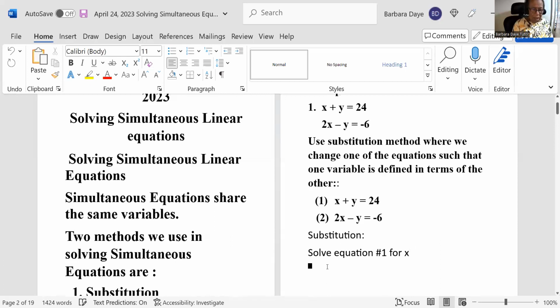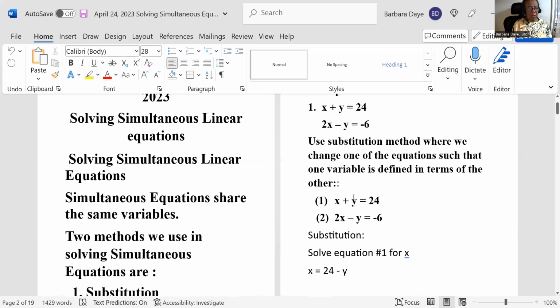So that becomes x equal 24 minus y. Mercedes, do you follow me when I say solve that equation for x?